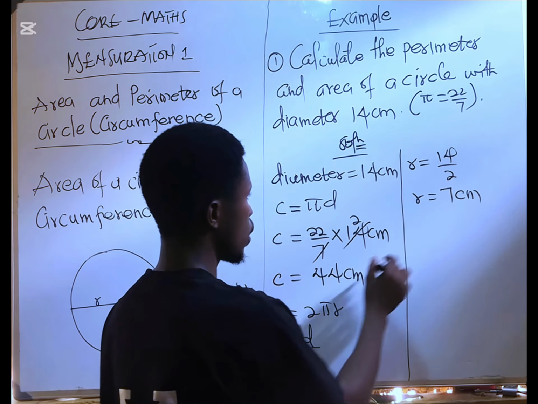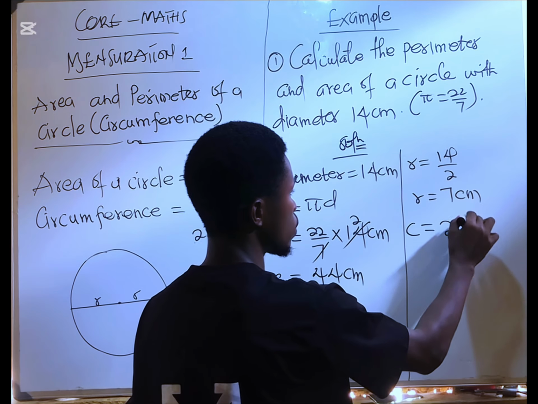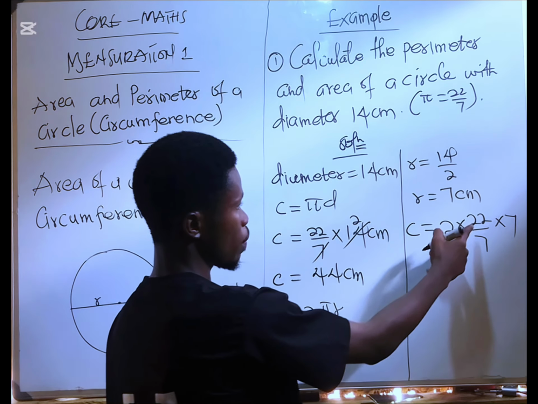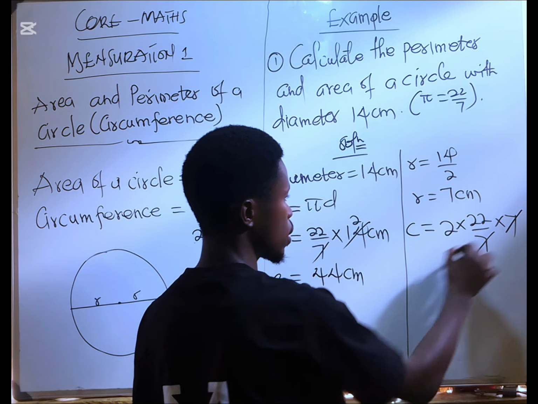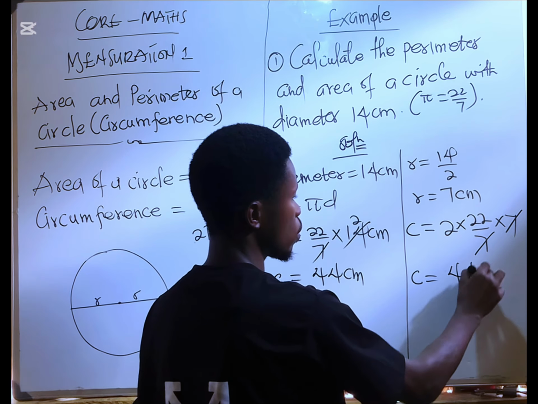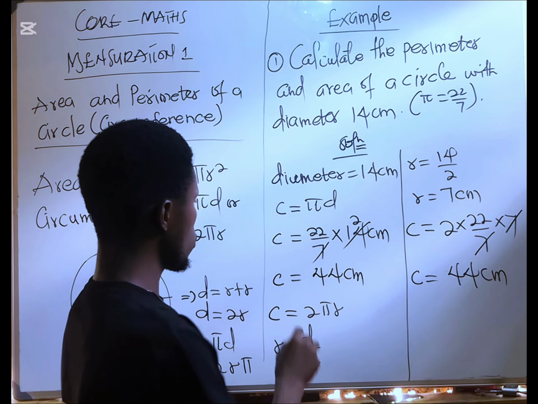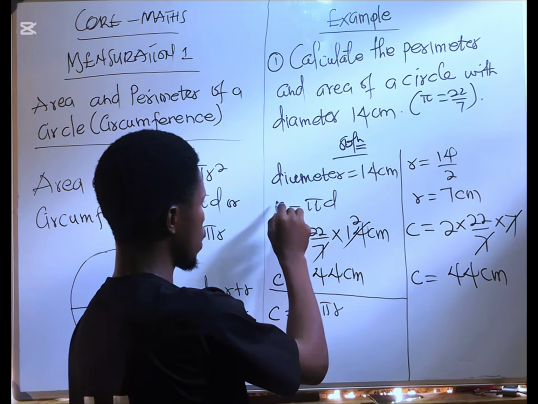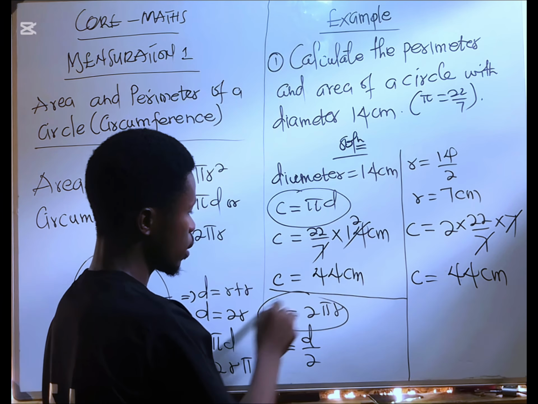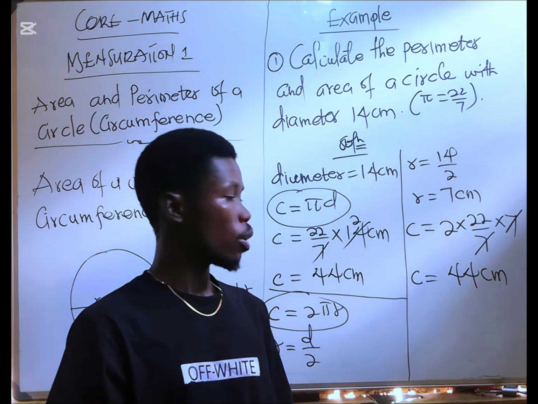So circumference is going to be 2 times 22 over 7 times 7. Because radius is 7 and pi is 22 over 7, you see this will cancel this. So circumference equals 44 centimeters. Is that okay? So it doesn't matter whether you use the formula with the diameter or the one with the radius, you still get the same answer.